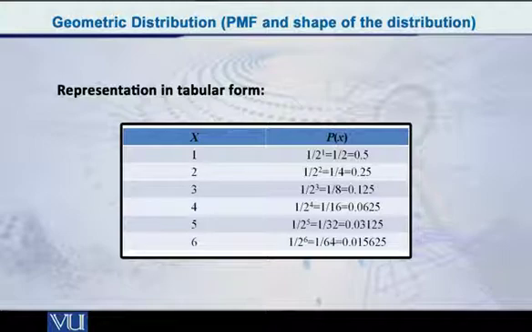Probability of getting a tail in the first toss and a head in the second toss, and they are independent tosses, so that will be, according to the multiplication theorem of probability, the probability of getting a tail in the first toss multiplied by the probability of getting a head in the second toss. So that is 1/2 multiplied by 1/2, and that is equal to 1/4.